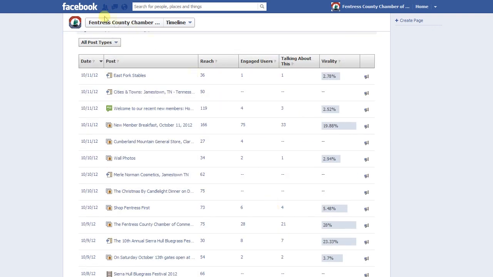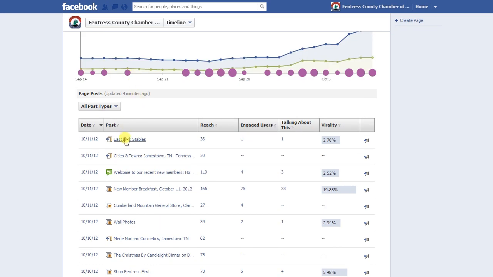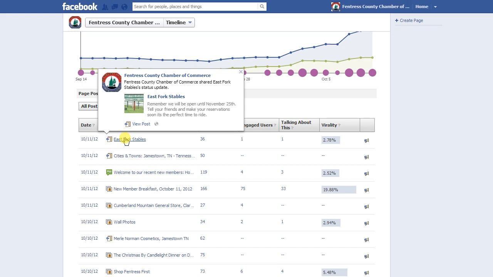You can come down here and see their chronological order. Like this was on 10/11. They had 5 different times where they posted, they created a story on Facebook. You can hover over what the post was, click on it, and it'll tell you. So this post here, this East Fork Stables, was a share of one of their member posts.